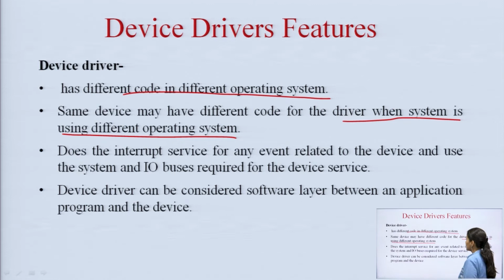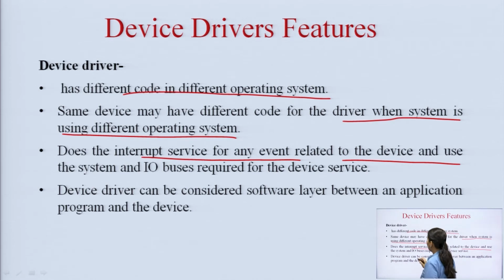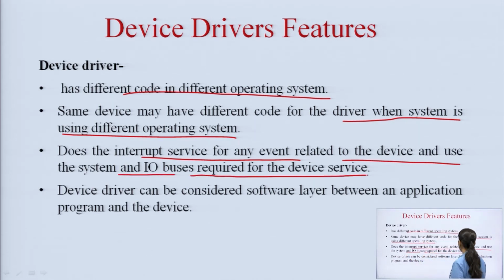It does the interrupt service for any event related to the device and uses the system and input output buses required for the device service. So, various interrupt services are also handled using the device drivers. Whenever an interrupt service comes for a particular device, that interrupt service is handled, acknowledged and executed.